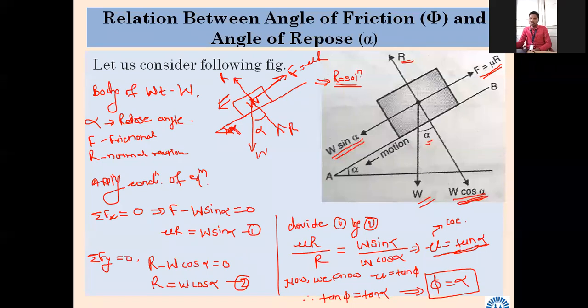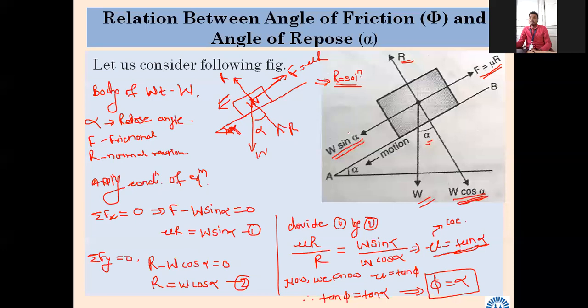Have you understood? So you can keep this in your notebook. If not, we don't know what will happen online or offline. So that's why I have given a derivation. Finally you can remember angle of repose is equal to angle of friction. That is the conclusion. But how it comes, that also you should know. That's why I have written a little.